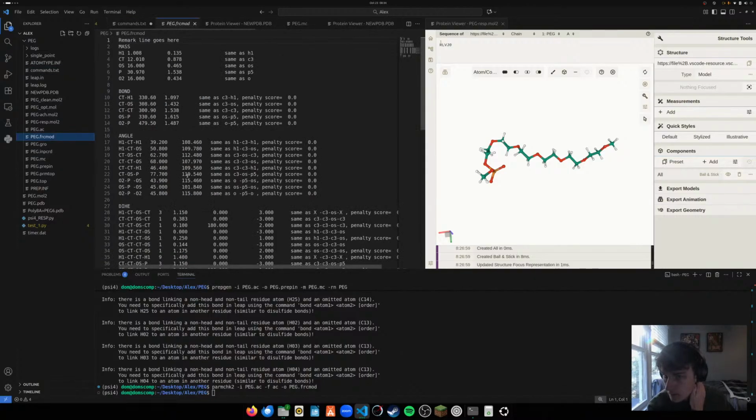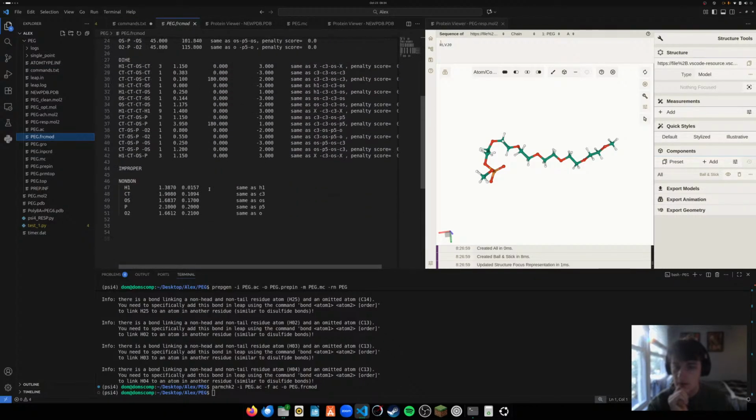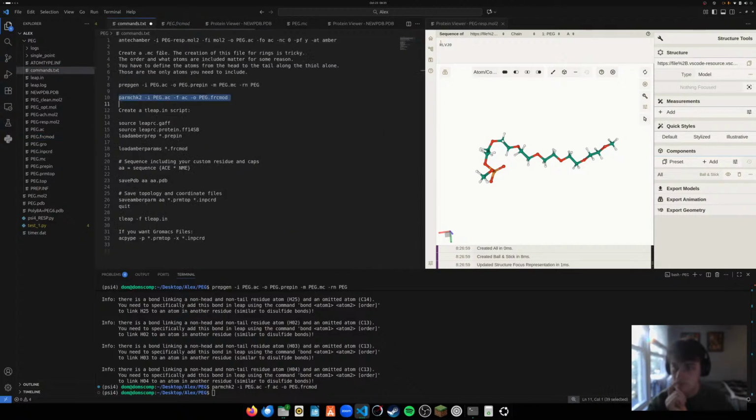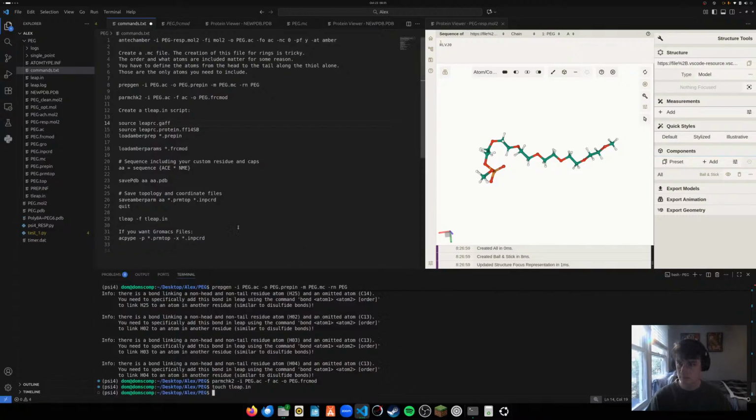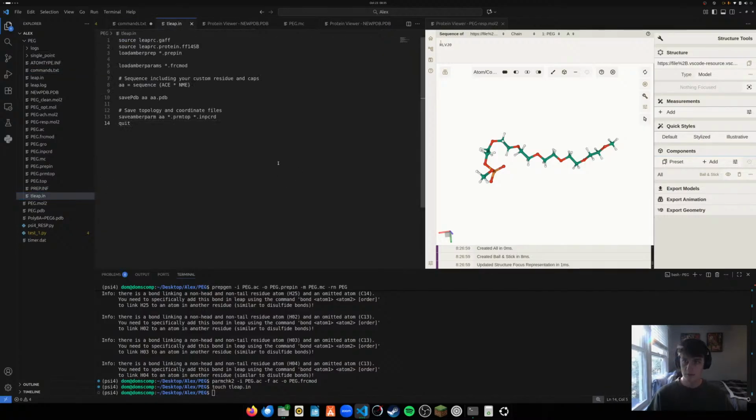Okay. So our FRC mod file. Okay, now we create a T-leap. We want to do something like that. So we want to be able to load. First, let's just see if this will work. I doubt it.